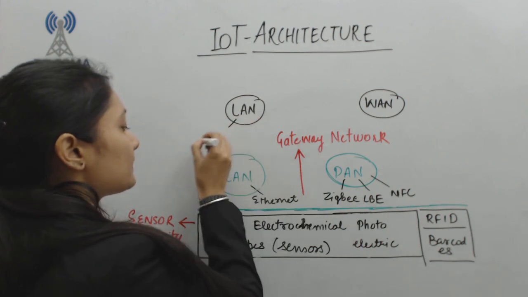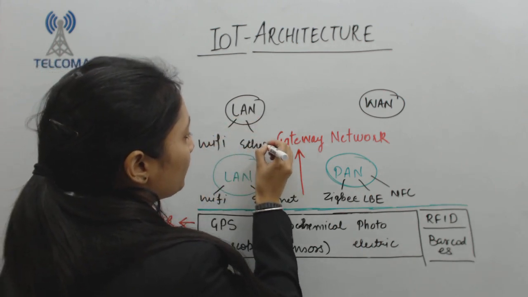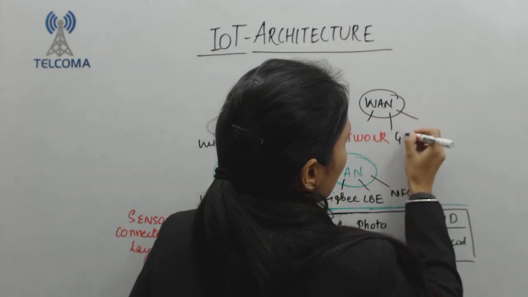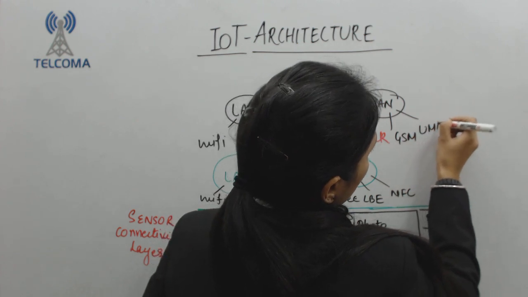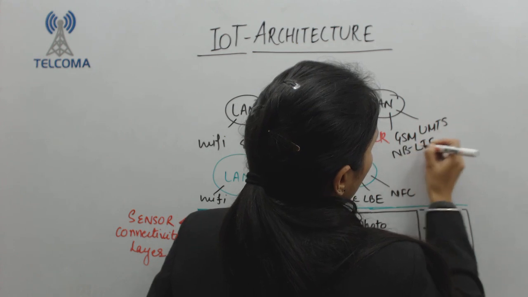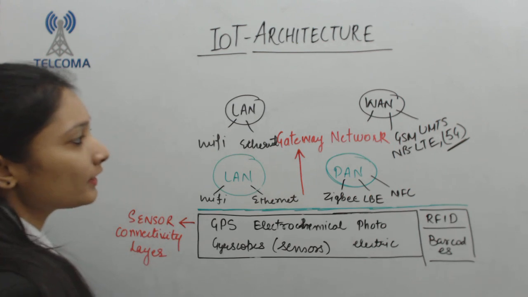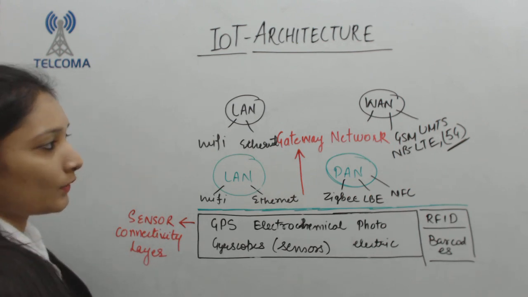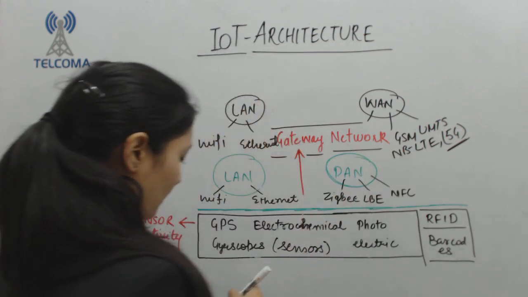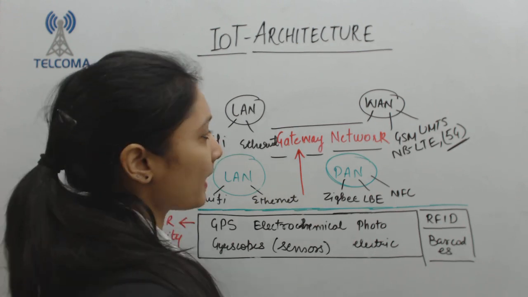So basically, it has your Wi-Fi or your Ethernet, and this can have your GSM, UMTS, narrowband, LTE, and the upcoming fifth generation of cellular technology. Now, from gateway networks, these are needed to connect to the internet or your cloud platform.